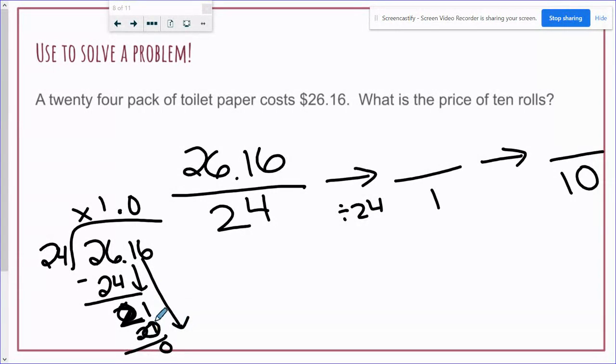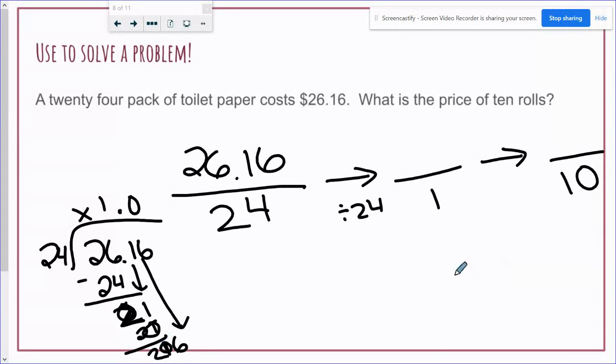So 24 times 0 is 0. Subtract, you get 21. Bring down a 6. All right, 24 into 216. I know that 20 times 10 would give us 200. 24 times 10 would give us 240.